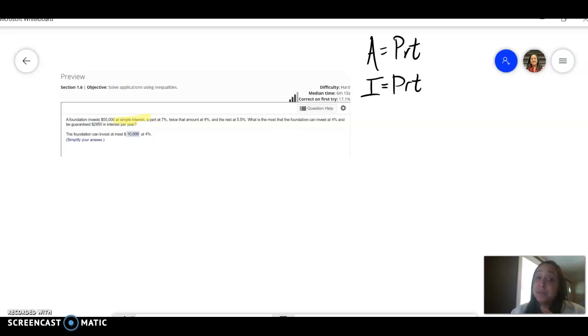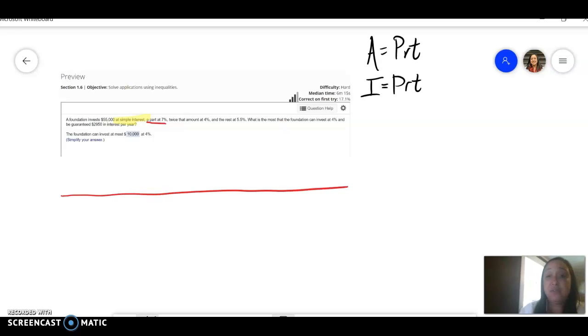What makes this problem difficult is that we technically have three different principals here. We have a total amount of 55,000. But of that 55,000, I am going to invest a part at 7%. If you haven't worked these types of problems out before, what is very helpful is understanding that you probably need a table for this step of the problem.